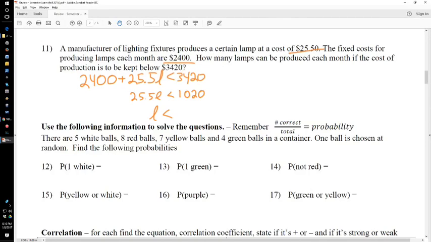What is 1020 divided by 25.5? It's 40. So, in order to keep it below $3,420, you have to make less than 40 lamps.